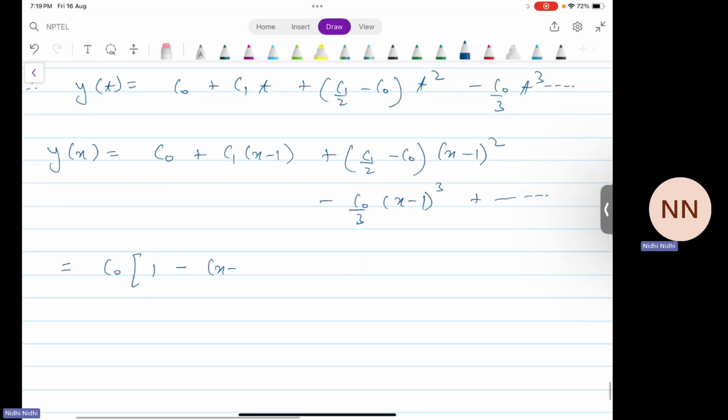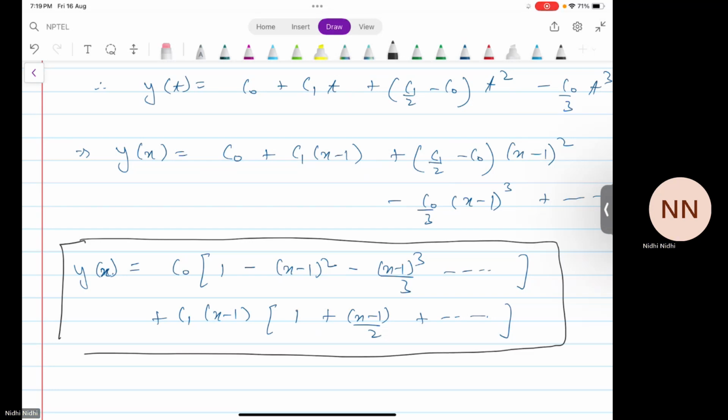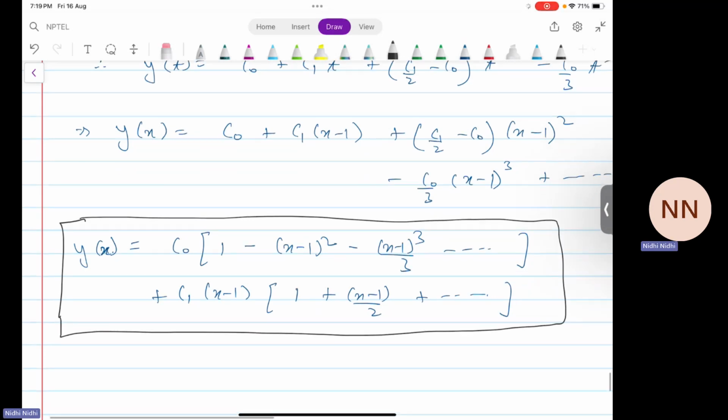So this is (x minus 1) square minus (x minus 1) cube by 3 and so on, plus c1 times, let's take x minus 1 as common, we get 1 plus (x minus 1) by 2 and so on. Therefore, this is our function y(x), solution to our given problem near x equals 1.